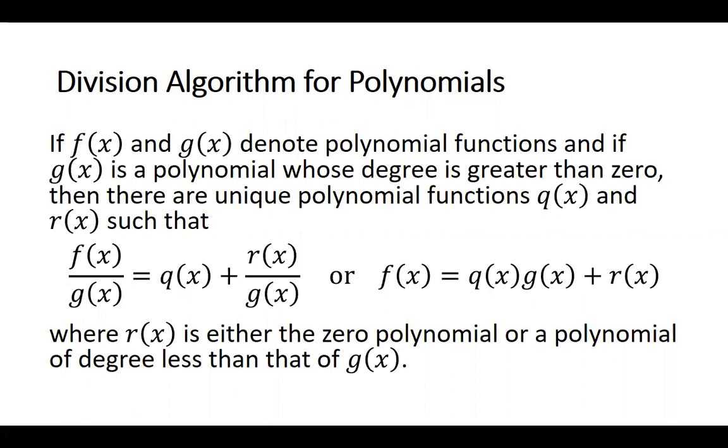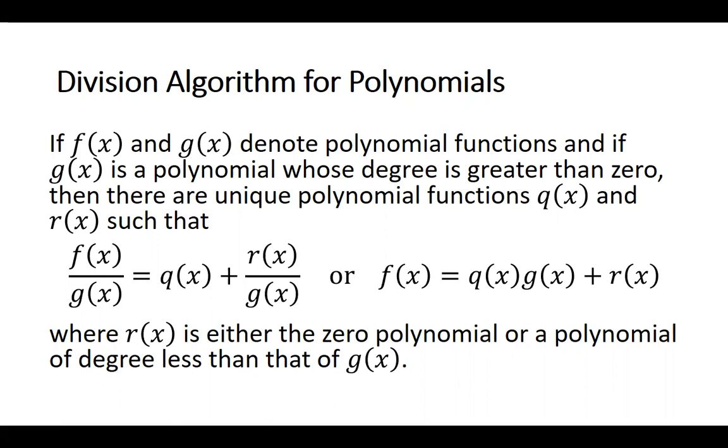So basically you can say you divide one polynomial by another, which we've done. We dealt with that with synthetic division and with long division, that you're going to end up with a quotient, and that's going to be a quotient function, q of x, and possibly a remainder, r of x.